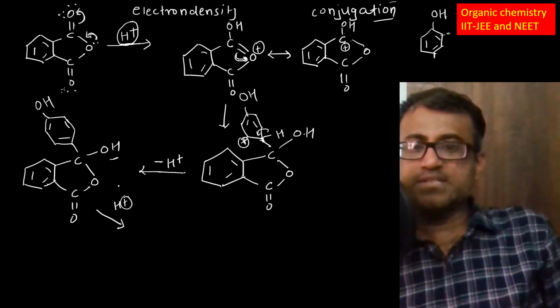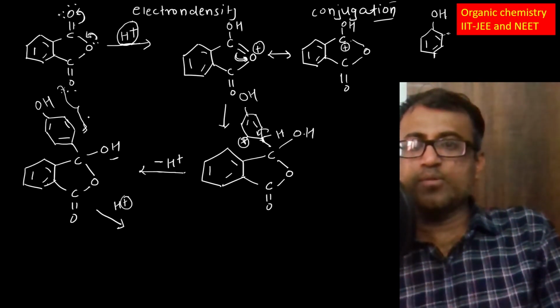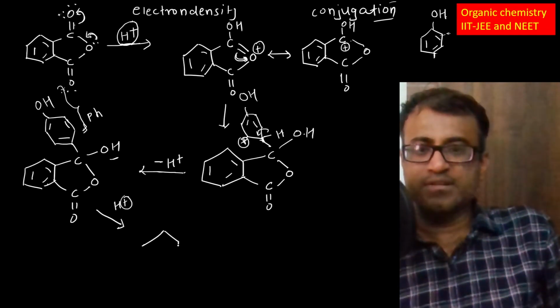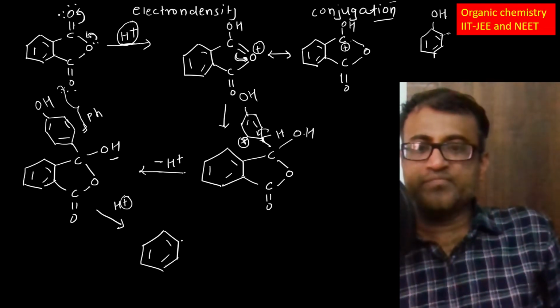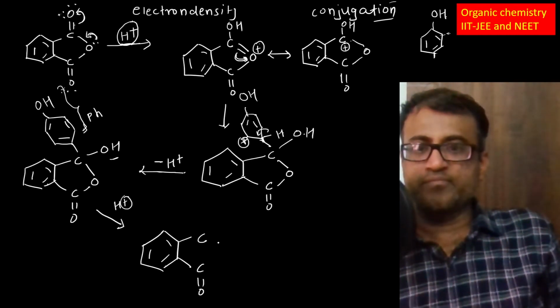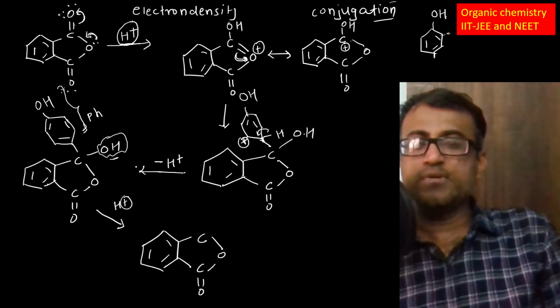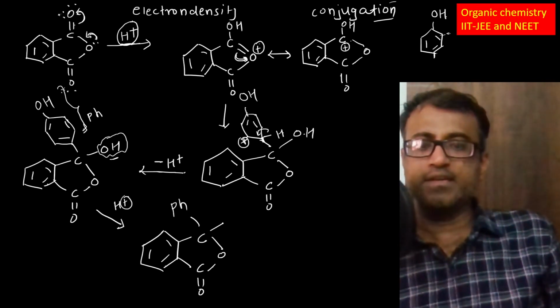I will write this phenol group as PH in the next structure, because it is becoming a very bulky and cumbersome structure to draw in that position. अभी इधर क्या हो रहा है friends? The other OH group is getting protonated, क्योंकि हमारे पास एसिड तो है ही.